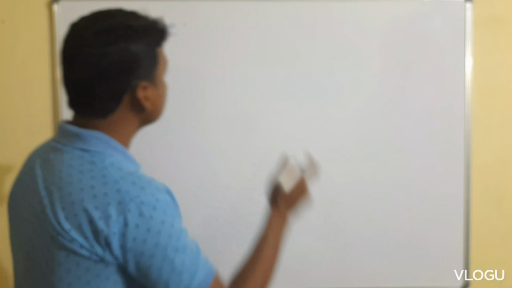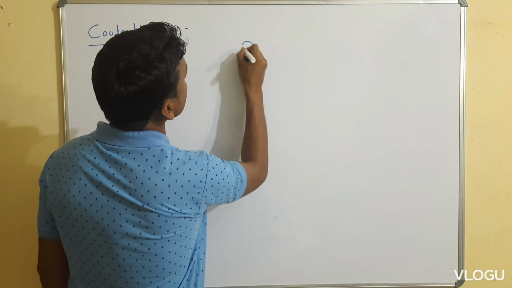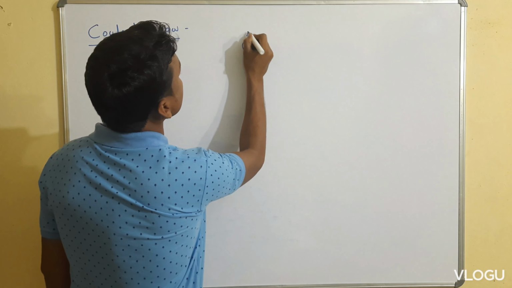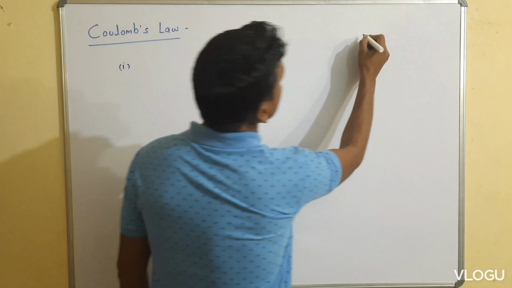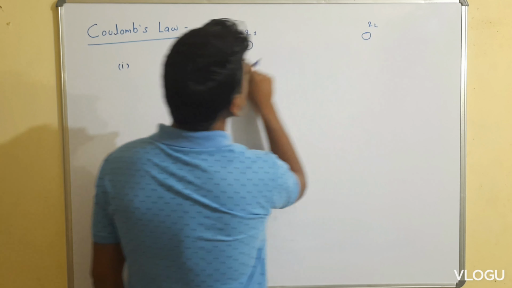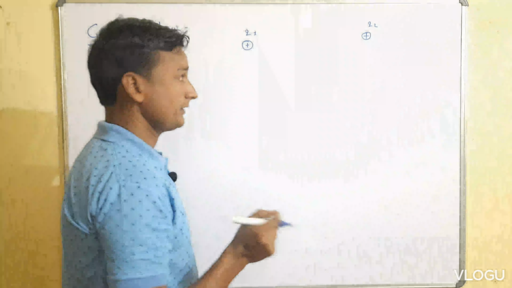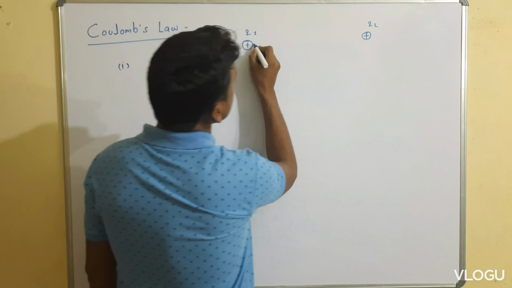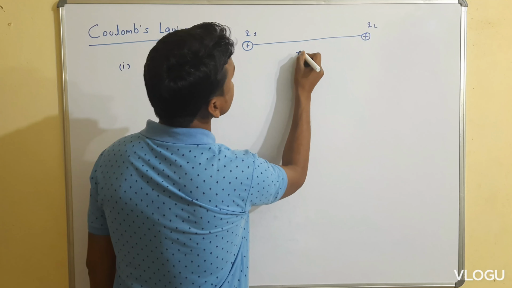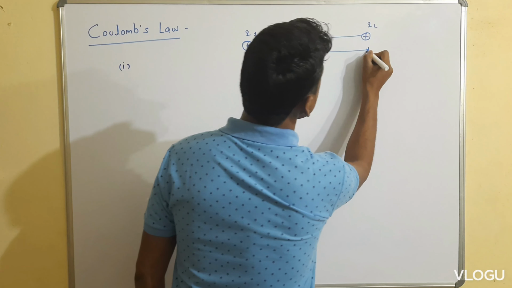First, consider we have two stationary charges here, charge q1 and here another charge q2. Initially we consider that both the charges are of the same polarity, and they are separated by a distance small r, where r is the separation between these two charges.